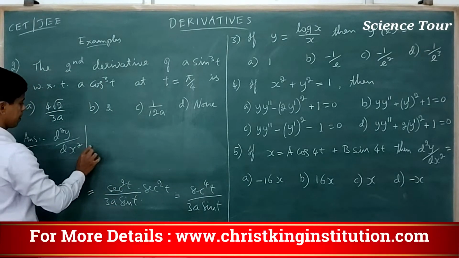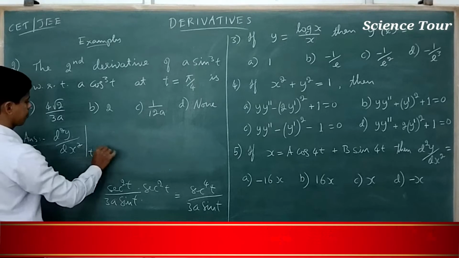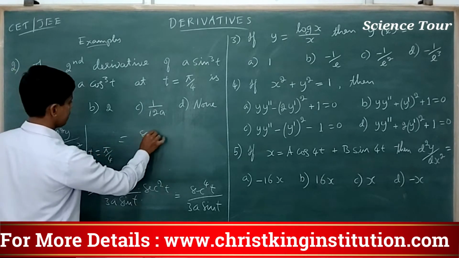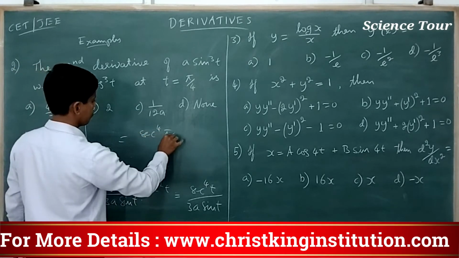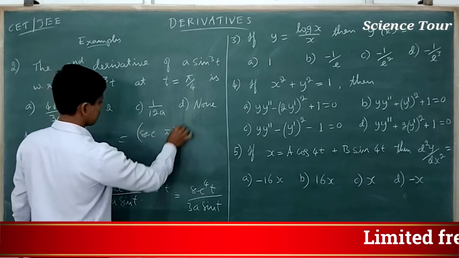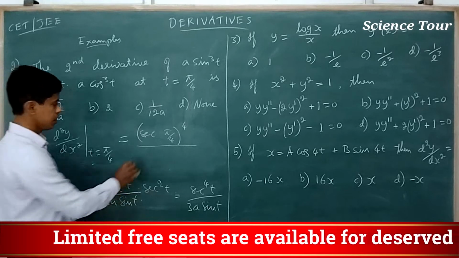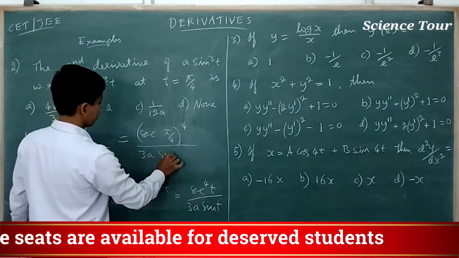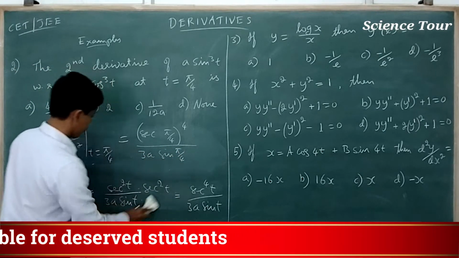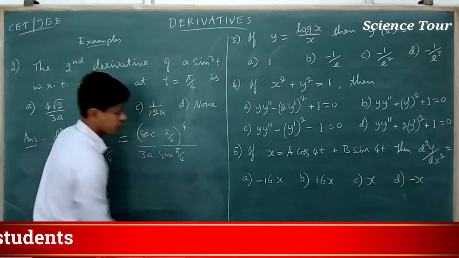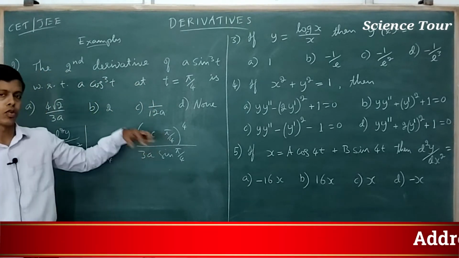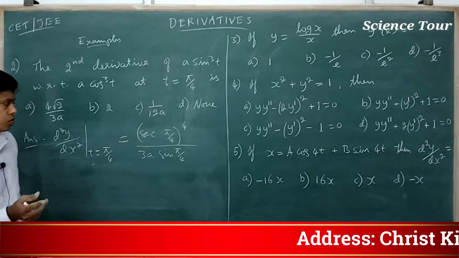That would be secant to the power 4 of pi by 4. In other words you can write this as secant pi by 4 to the power 4, just for your convenience, and then 3a sin pi by 4. Now what is cos pi by 4? 1 by root 2. So secant pi by 4 is the reciprocal of 1 by root 2, that is root 2.